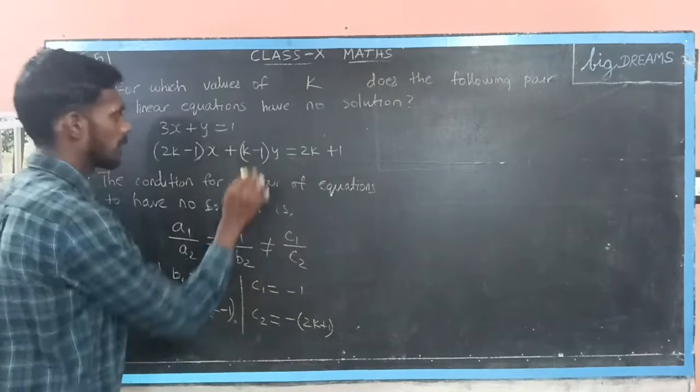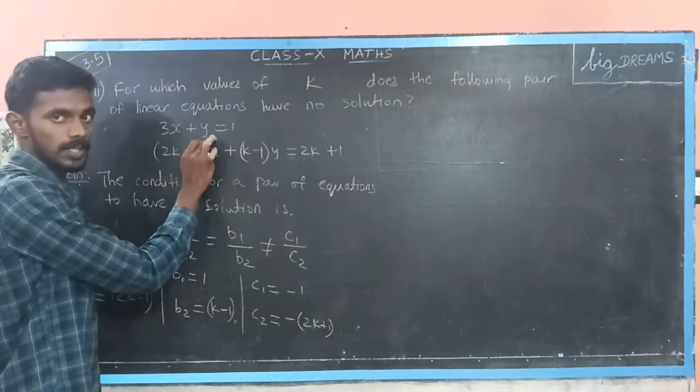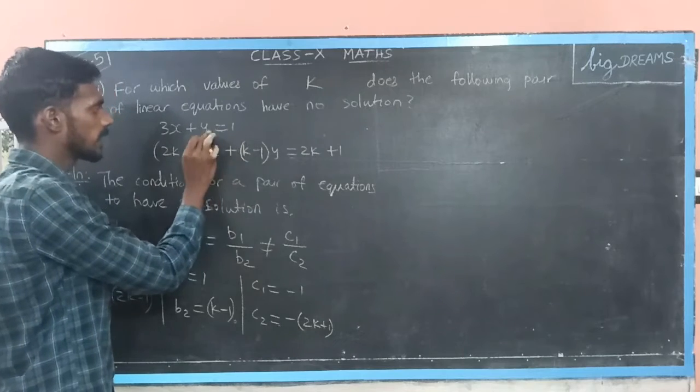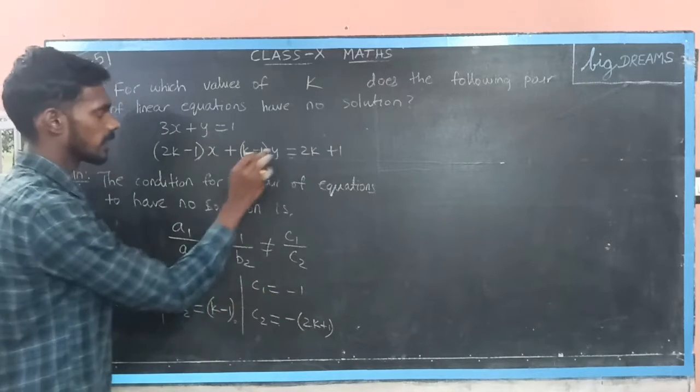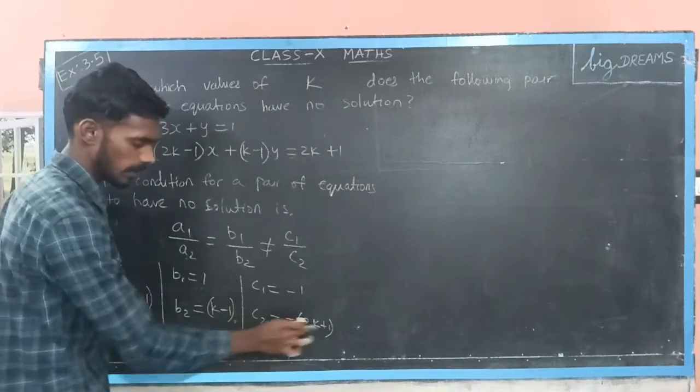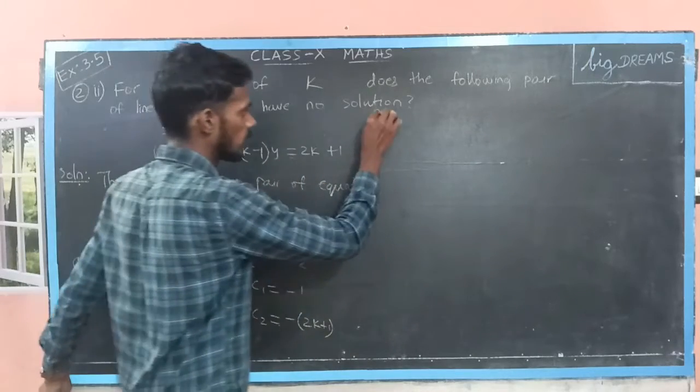When I bring this 1 to LHS, it becomes minus 1, because I have to represent it in the standard form. Then when 2k plus 1 goes here, it becomes minus of 2k plus 1. Clear?